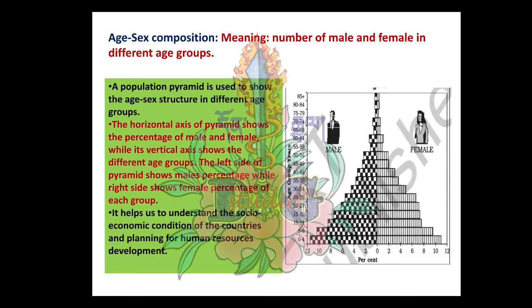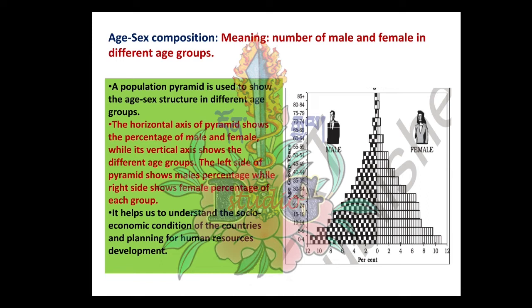If we look at the diagram, we have two sets of bar diagrams. On the right side we have the female population in different age groups, the size of the female population in each age group, and on the left side of the diagram we have the male population in different age groups. So percentage of male and female.